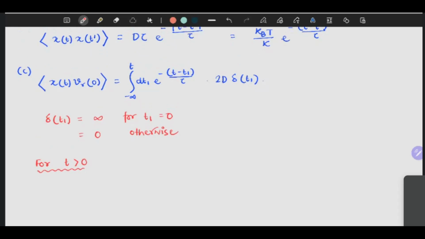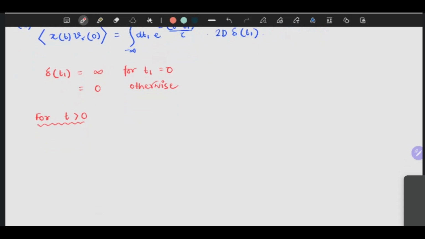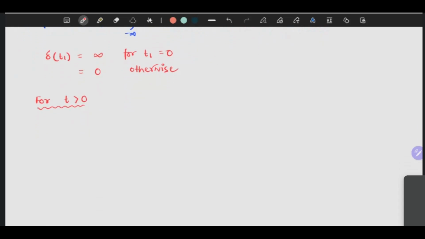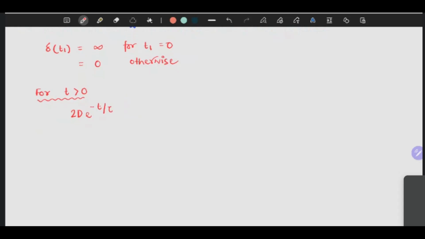So if t1 equal to 0, it will be substituted here and it will become 2d e to the power minus t by tau.